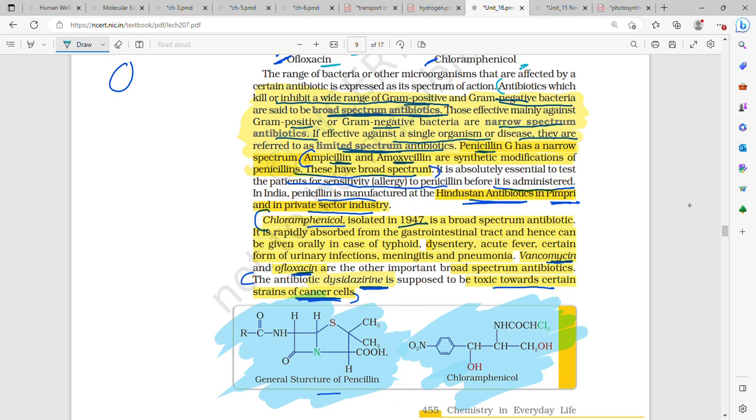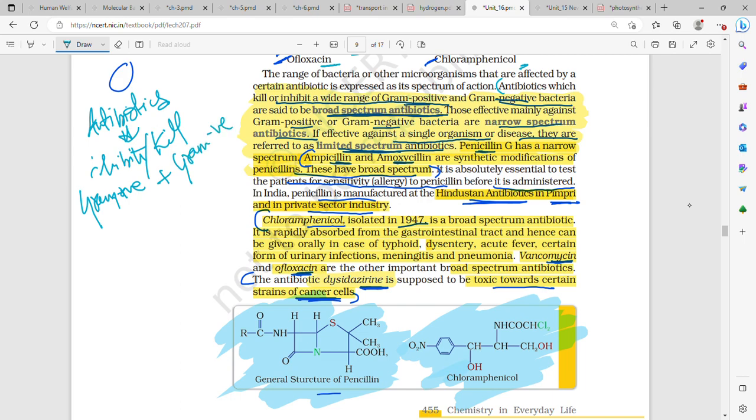Okay, so those antibiotics which inhibit or kill gram-positive plus gram-negative bacteria, that too a wide range, are called broad-spectrum antibiotics.